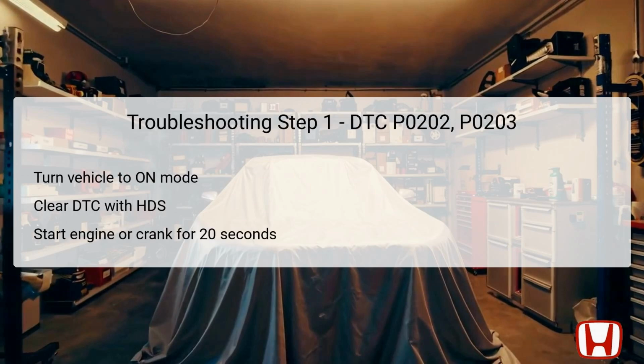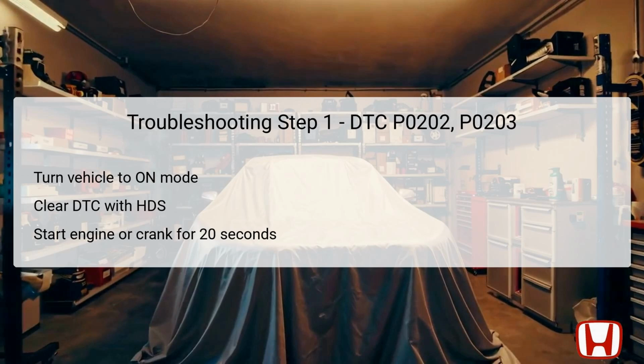The first step in troubleshooting involves verifying the problem. Start by turning the vehicle ignition to the on position without starting the engine. Utilize the Honda Diagnostic System, HDS, to clear any existing DTCs for a fresh slate of data. After clearing, attempt to start the engine.